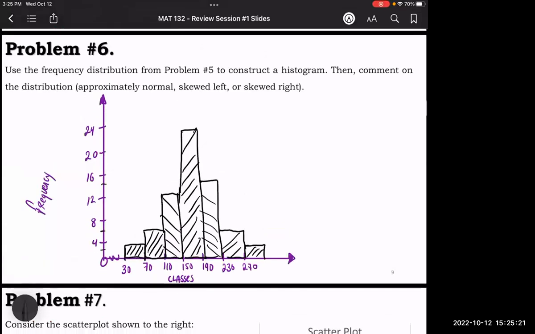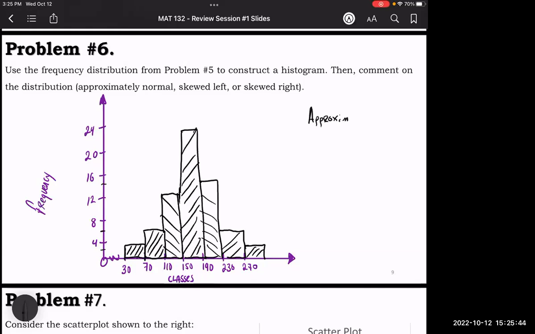Now that you have your histogram drawn, the question asks us, is it approximately normal, skewed left, or skewed right? What do you think? It's an approximately normal distribution. Now, what do we know about an approximately normal distribution?